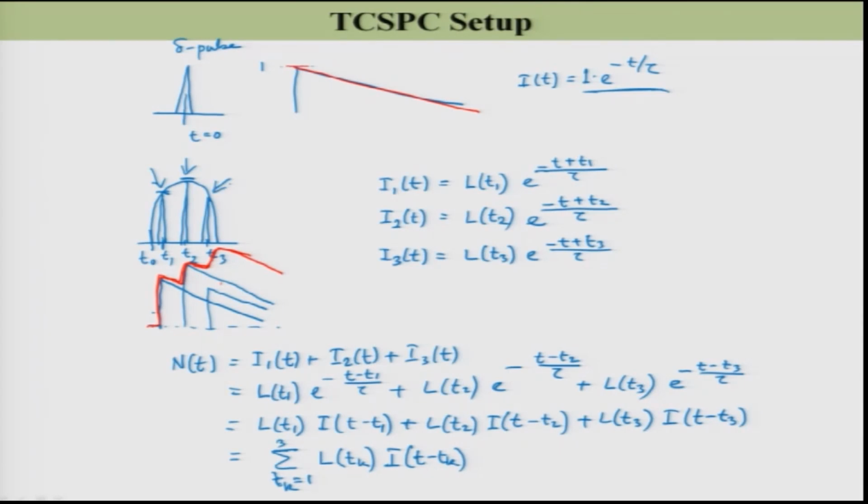Now, I can consider that I have an infinite number of delta pulses which make up this excitation pulse. So, for many delta pulses, this N(t) can be represented as a sum over k of L(Tk) I(t minus Tk).